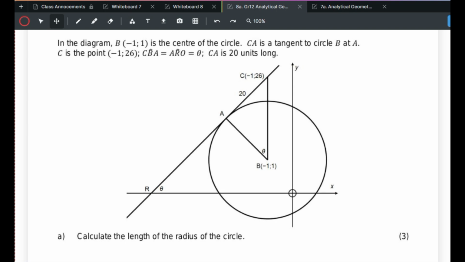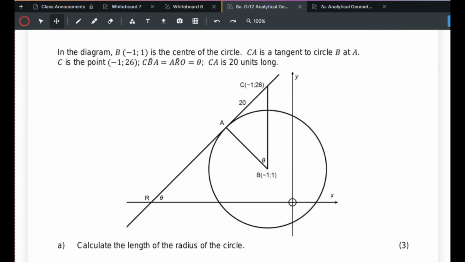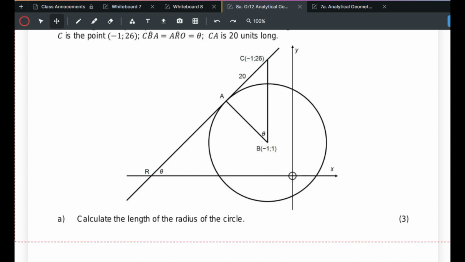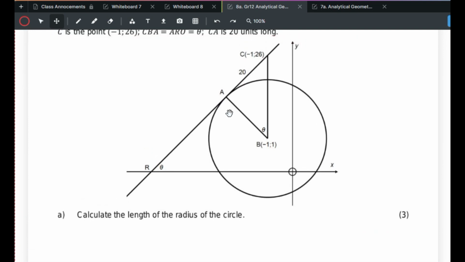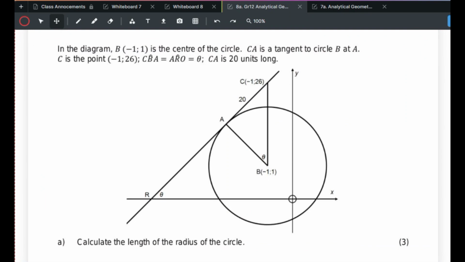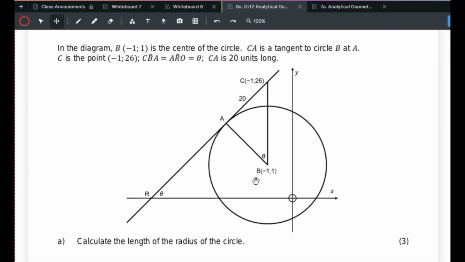3 marks. We're given the center of the circle, but we're not given the radius. We're just given this distance, that coordinate, that coordinate. So how do you think we should calculate the radius of the circle? We weren't given the formula. No formulas, nothing.